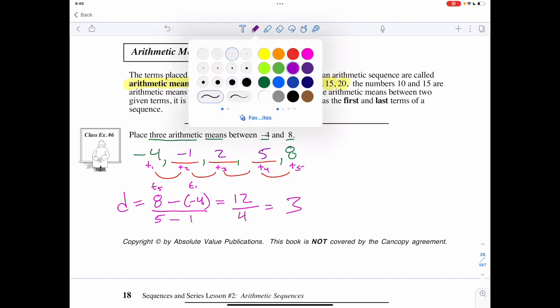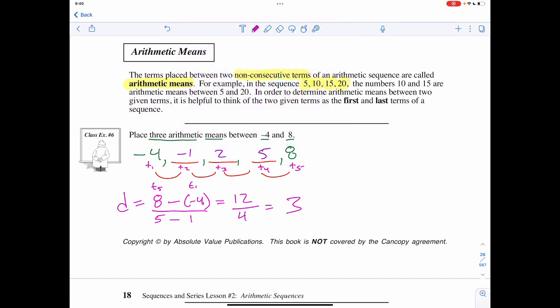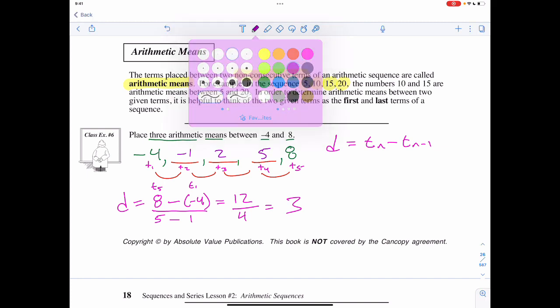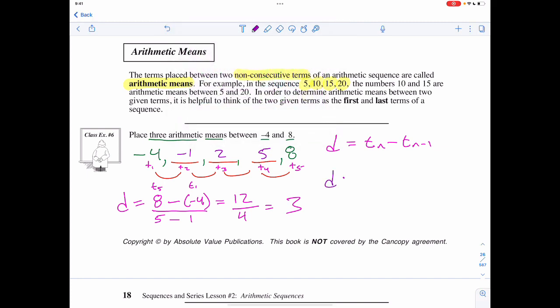So if the common difference is equal to Tn minus Tn minus 1, then I can also consider it as the common difference of Ty minus Tx divided by y minus x, or whatever those actual term numbers are.